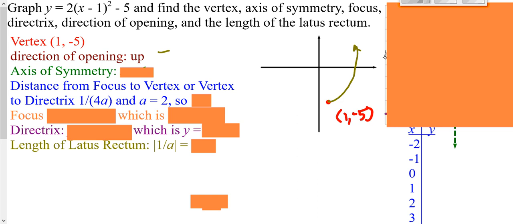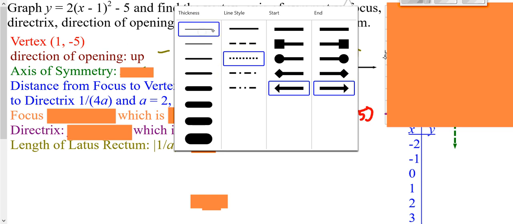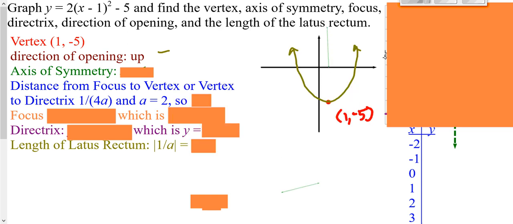You can see that your axis of symmetry would have to be going up and down to cut your parabola in half. So we could draw that in. Wow, that's kind of small, but I think you get the idea. That would then be x is equal to 1, because that's the x coordinate of your vertex.